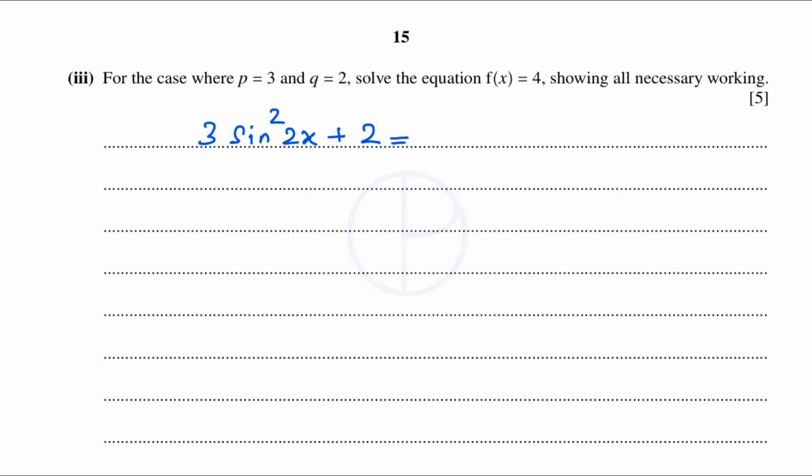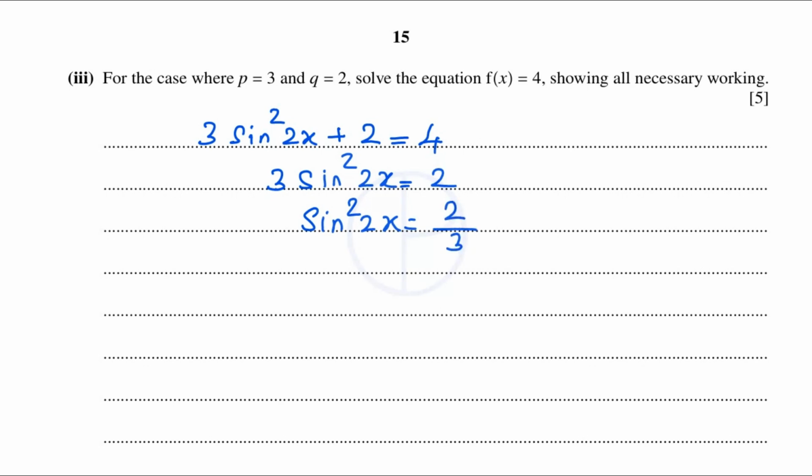This is equal to 4. Okay. So now subtract 2 on both the sides. So we get 3 sine square 2x equal to 2. Now divide both the sides by 3. We get sine square 2x equal to 2 divided by 3.